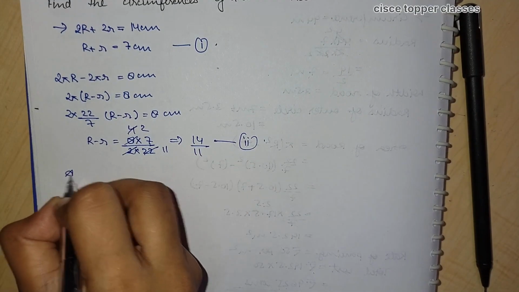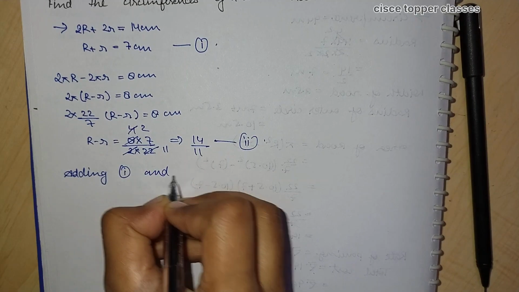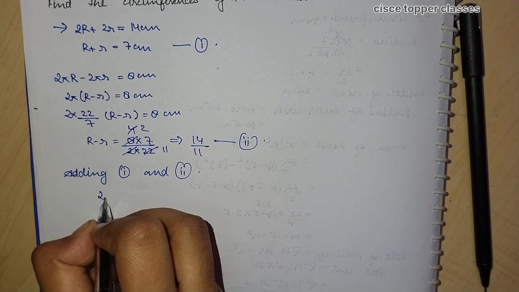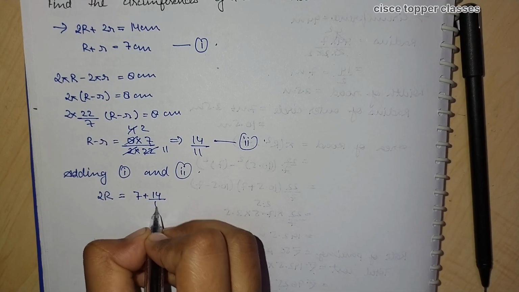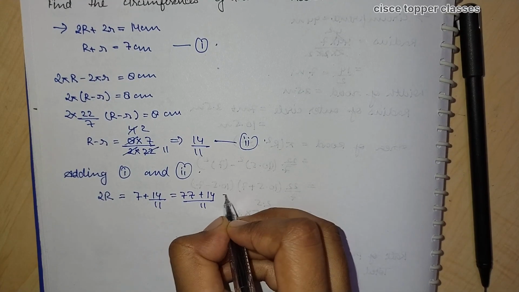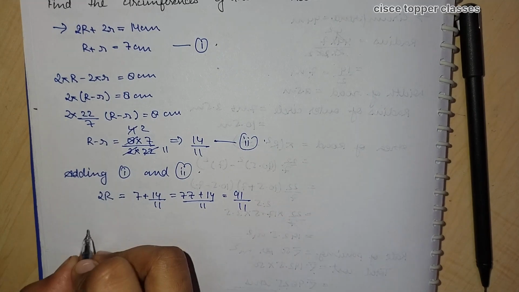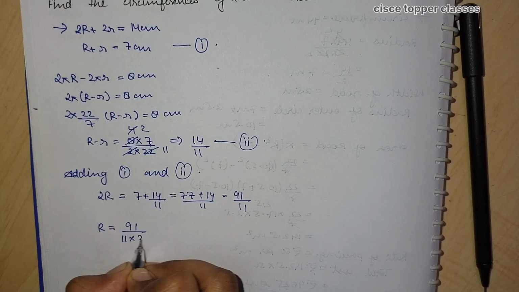Now on adding first and second here, we can write on adding 2R equal to 7 plus 14 by 11, equal to 77 plus 14 divided by 11. So this will be 91 divided by 11. From that we can find the value of R as 91 divided by 11 into 2.